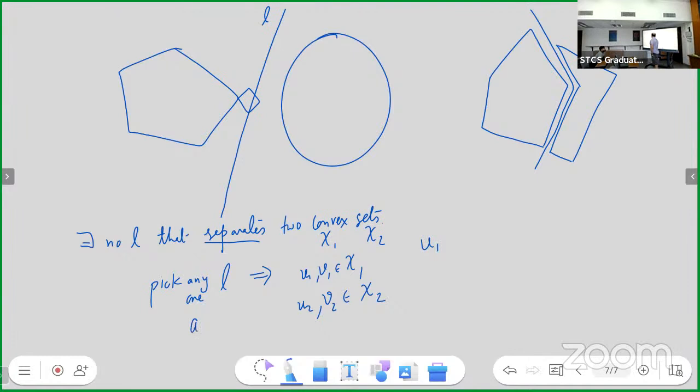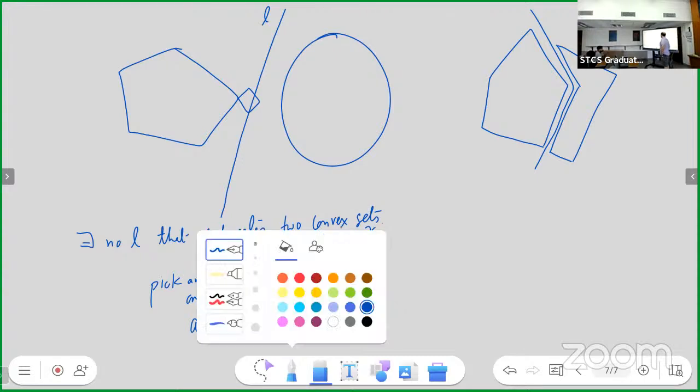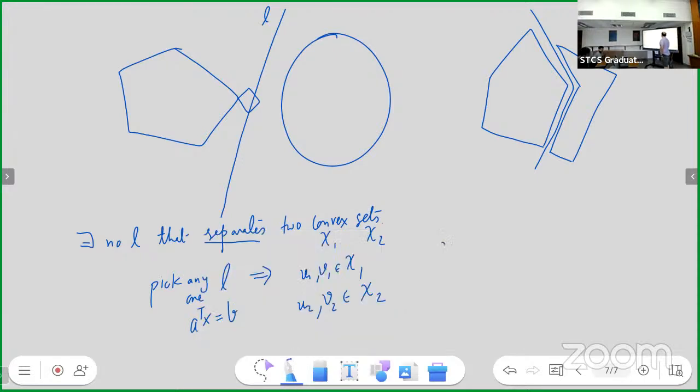What you want to say is A transpose U1 is less than B and A transpose V1 is greater than B. Right? That's what you wanted to say. One is on this side, other is on this side. Okay, what else?